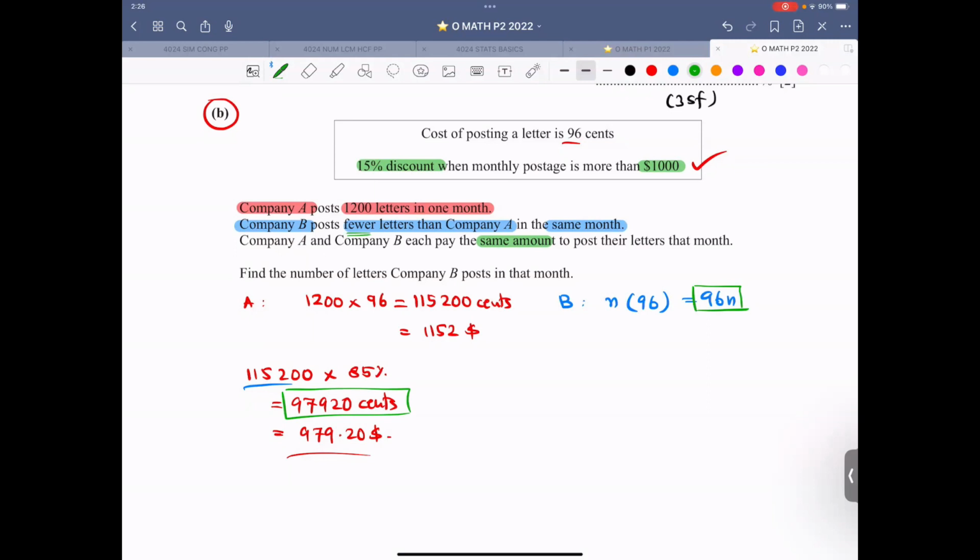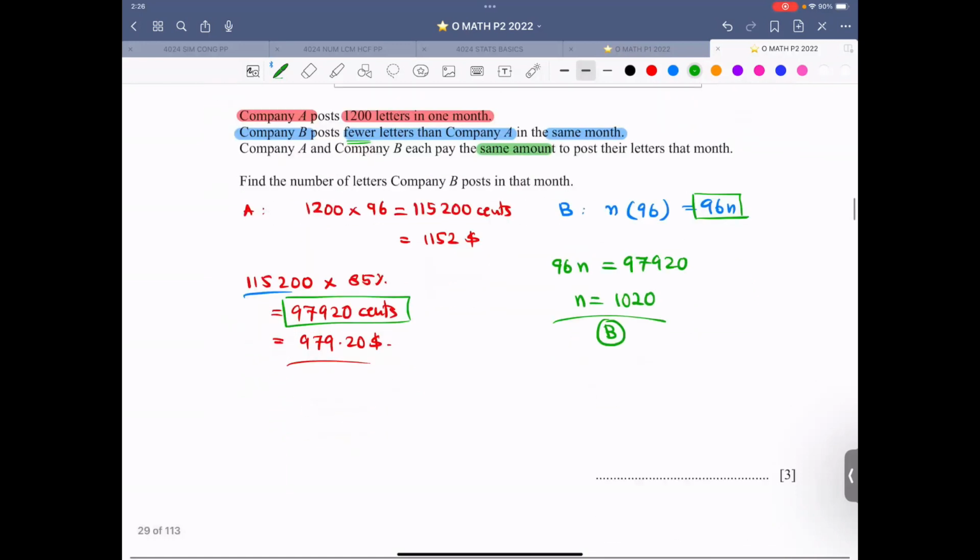The focus is on fewer letters. So therefore, 96N is equal to 97920. And if I divide by 96, I get an exact integer. That is 1,020. That's the number of letters that company B posts. So this is part B, and this is done.